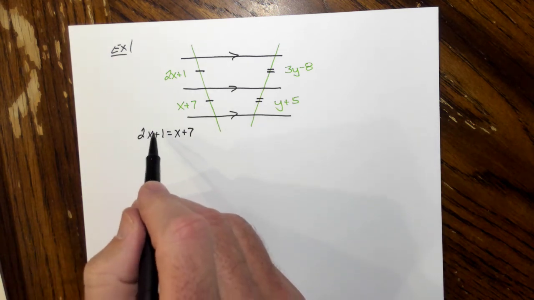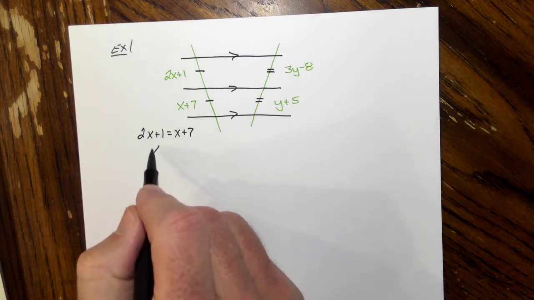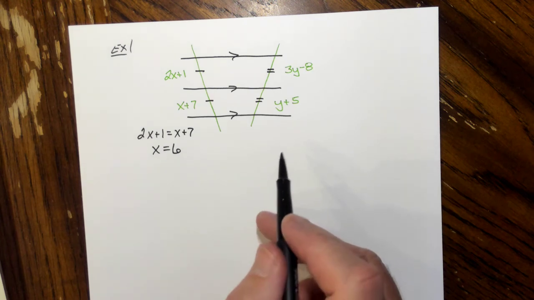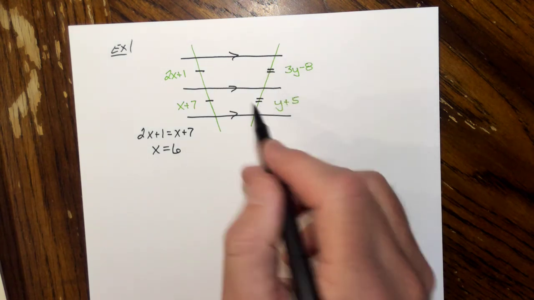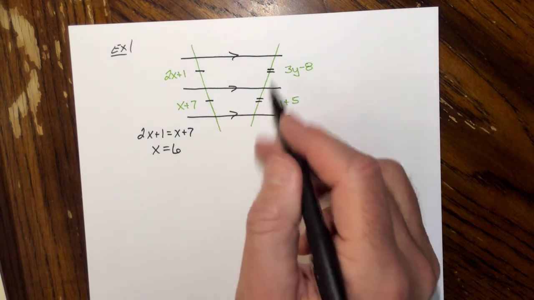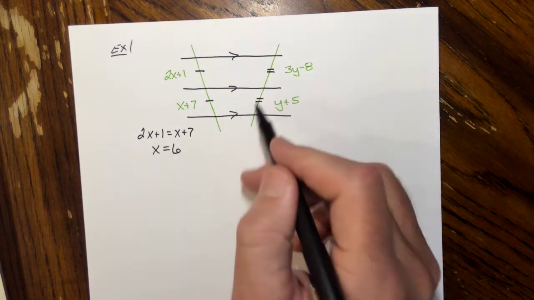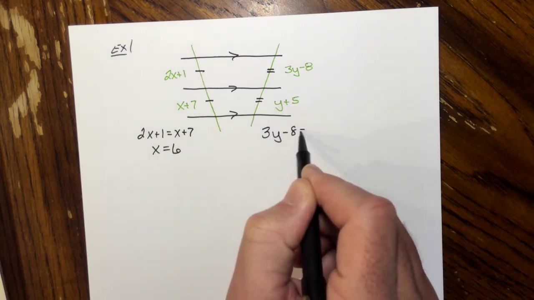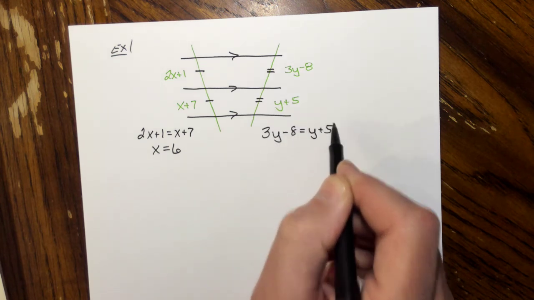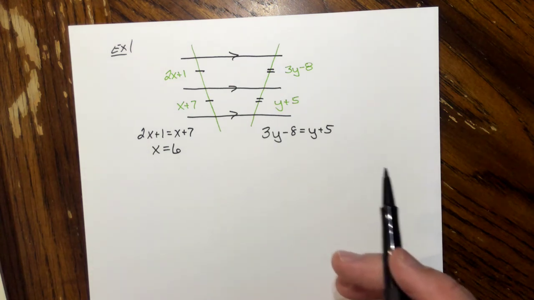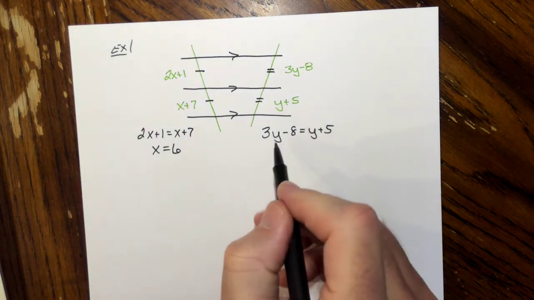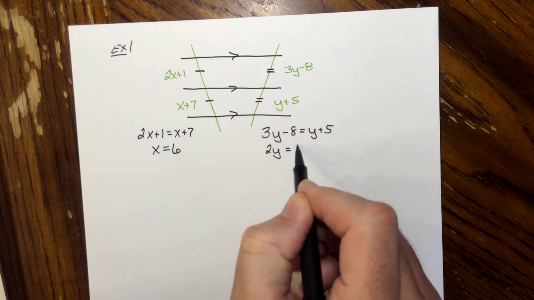Subtract x from both sides, subtract 1 from both sides. And it also allows me to, again, because they're cut proportionally, if these two are congruent, those two will be congruent to each other. Not congruent this way, congruent this way. So that allows me to do those as we set this up. So I will have 2y equal to 13.